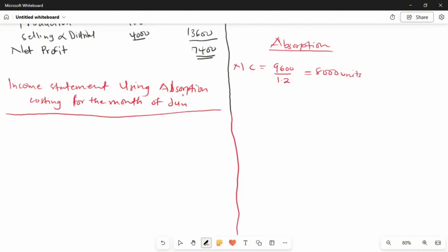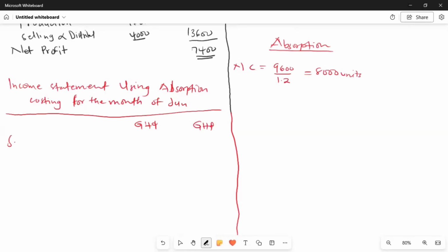So we have our two columns here. So we start. Under the absorption costing, our production cost per unit was 5.2. That's the variable cost per unit, which is 4, and the fixed cost per unit, which is 1.2. So when we add these two, it is 5.2.